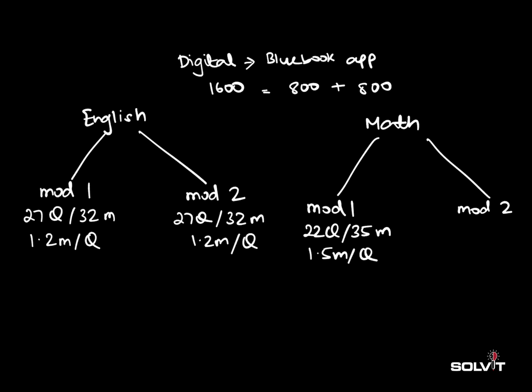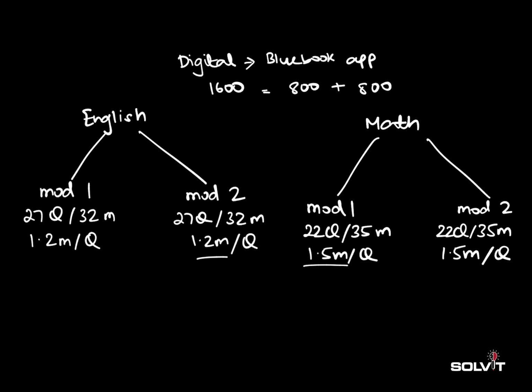And the exact same structure for Module 2, so 22 questions in 35 minutes, so 1.5 minutes per question. Now, as you can see, the time that you have for each math question is slightly higher, slightly more than the time that you have for each English question, right? But that doesn't matter, not an issue.